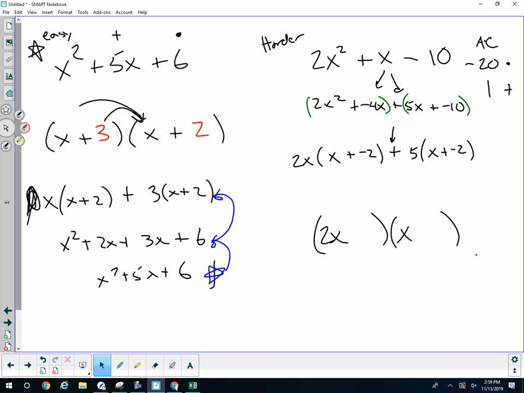A little crowded, sorry. We can go to my final step, which is to say, oh, x minus 2, that's a common factor. You can factor that out. What's left over? 2x plus 5 is left over after I pull out the x minus 2.